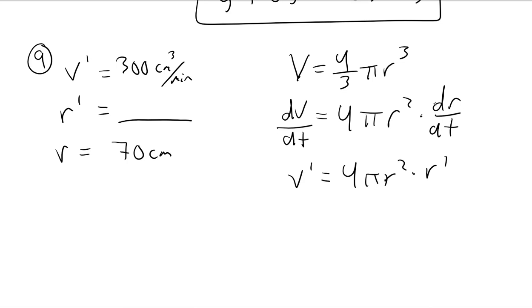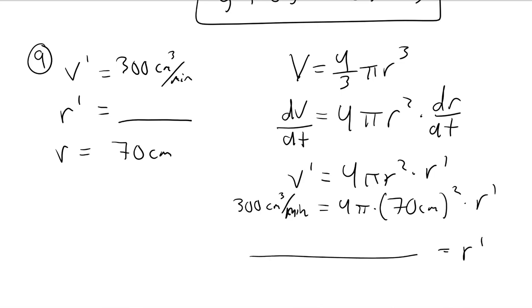Now, if you forget something like this, you're probably going to catch it in a question that's this short, because that's the whole point of the question, to find r prime. So if you forget it here, you don't know what you're solving for. You're going to be confused. If we plug in the stuff given to us, we have an equation with only one unknown, which is good news, because the one unknown is what I want to solve for.